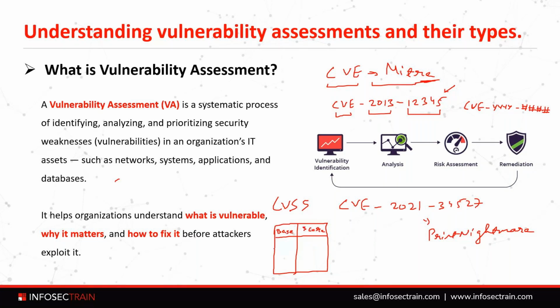If the CVSS is rated 0.0, there's no severity. This represents how severe that vulnerability is. So none. If it's from 0.1 to 3.9, the vulnerability severity is low.